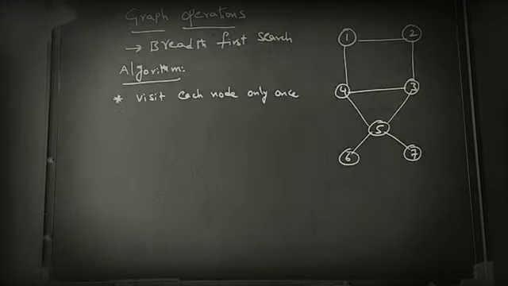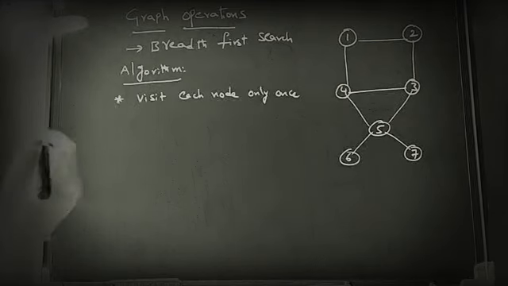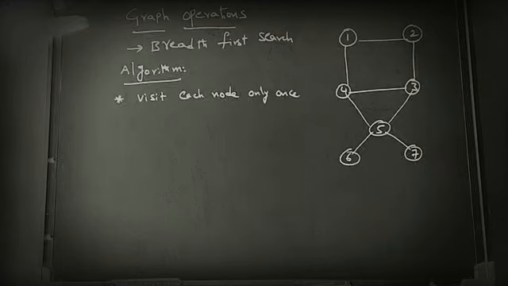Don't visit the same node multiple times. If you visit the same node multiple times, it forms a cycle or loop. The main intention of breadth first search and depth first search is to visit each node exactly once and visit all the nodes in the graph.